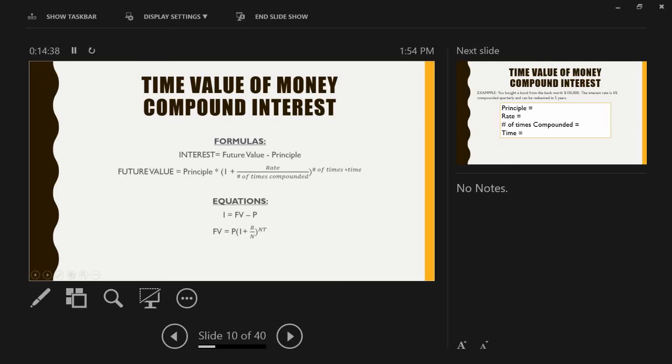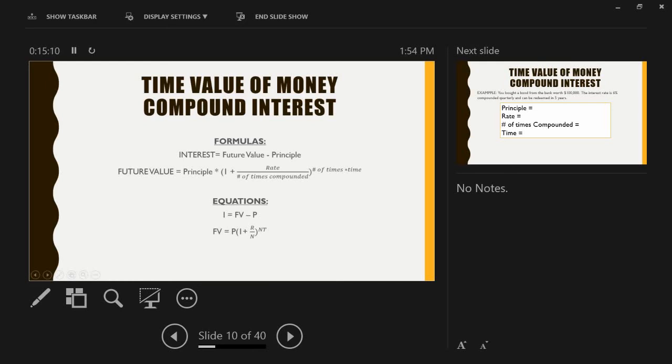Future value is equal to your principal times (1 plus the rate divided by the number of times compounded), raised to the exponent of the number of times compounded multiplied by time.